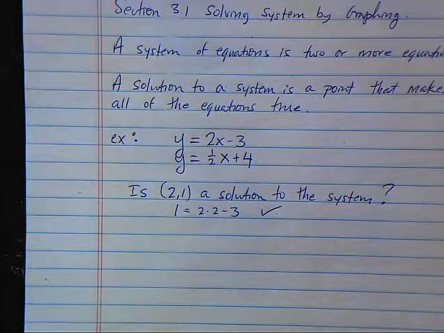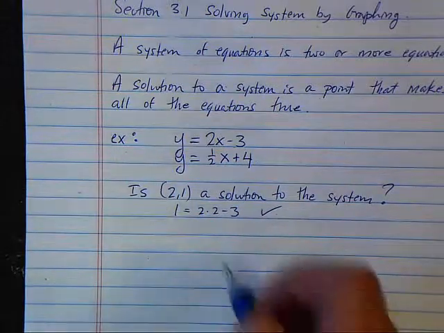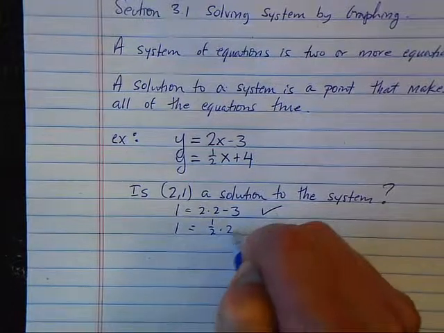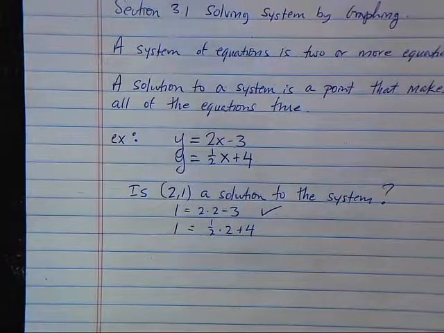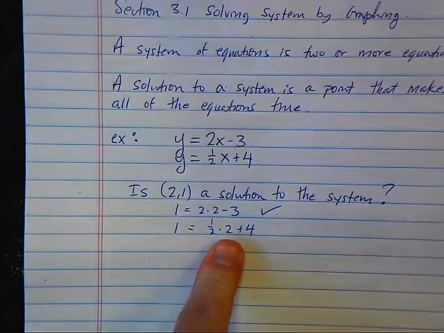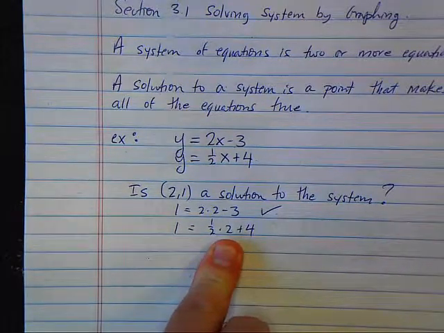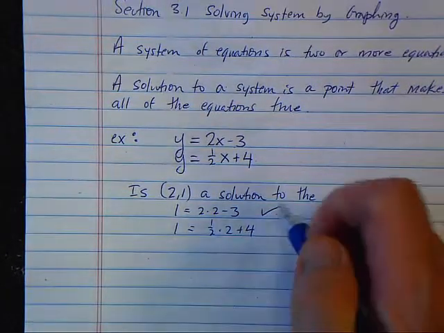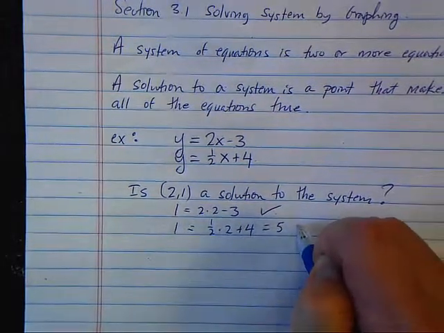What happens if I plug x equals 2 and y equals 1 into the second equation? Does 1 equal 1/2 times 2 plus 4? No, it certainly doesn't, because 1/2 times 2 is 1, and 1 plus 4 is 5. Does 1 equal 5? No.